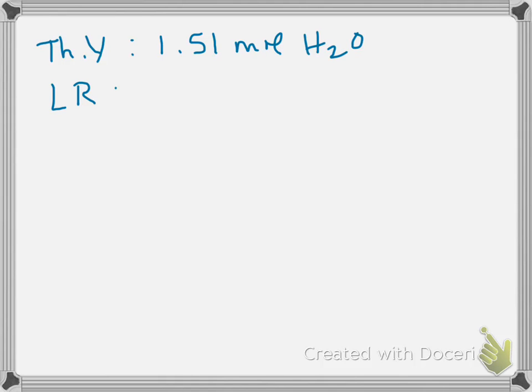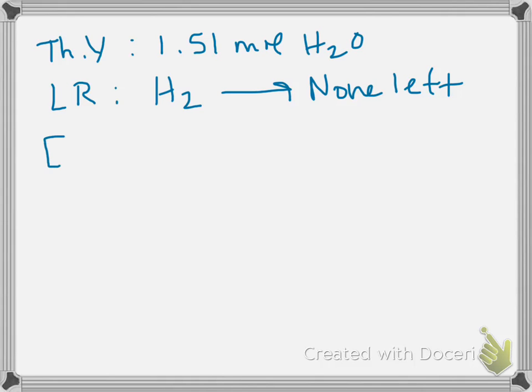So first of all, the answer, my theoretical yield, was 1.51 moles of water. My limiting reagent was hydrogen. So when the reaction stops, there will be none left. It's all consumed. So there will be no moles of hydrogen left. It's my limiting reactant.